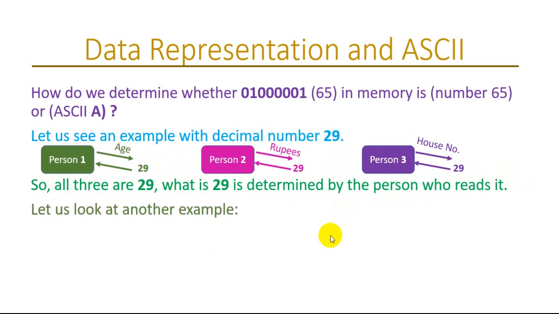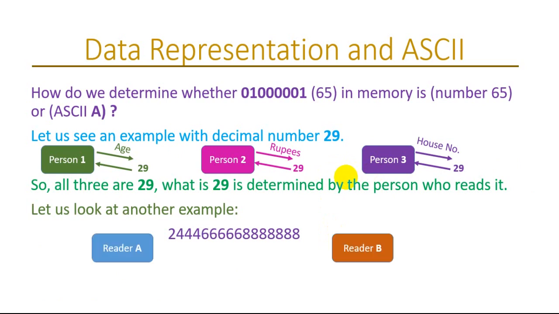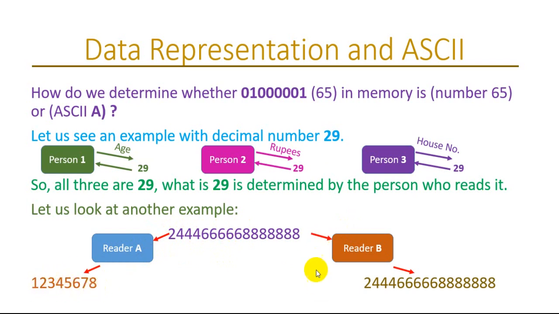Let's see another example, which is the example I showed you earlier. I told you to remember this. Let's look at this number. Now we have two readers, reader A and reader B. Reader A and reader B can read it differently. For example, reader A can read this as 1, 2, 3, 4, 5, 6, 7, 8, whereas this other reader is just reading it as it is.